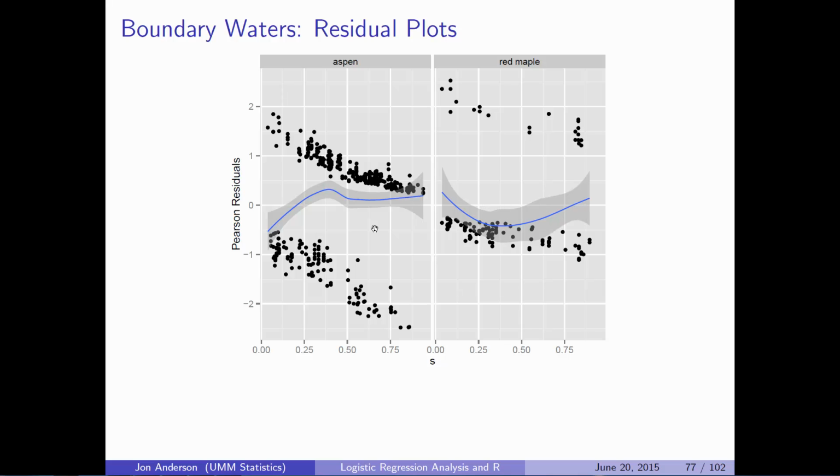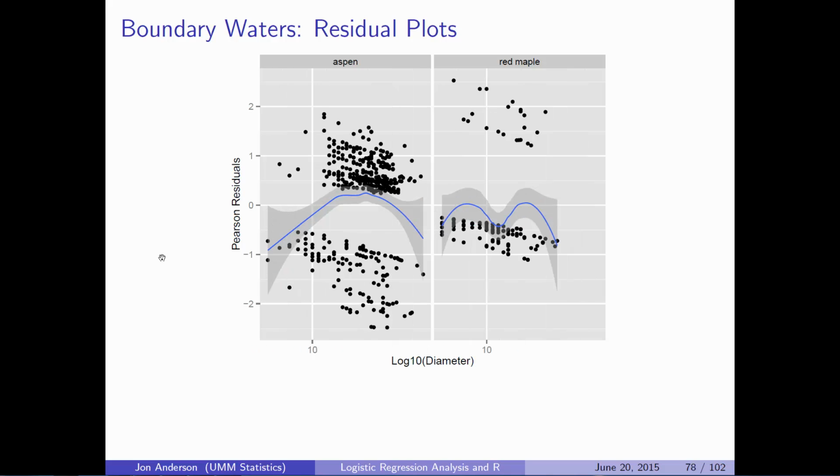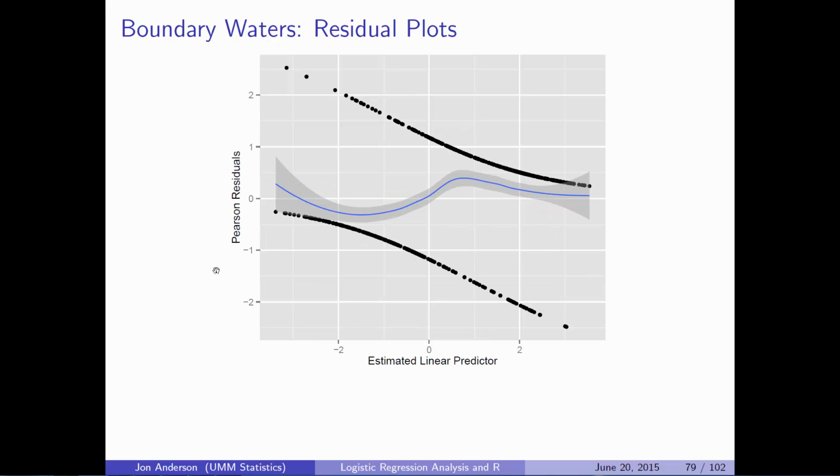We drift below 0. Residuals should try to hang around 0. Here's species with respect to diameter. You can see that for small diameters, aspens have funny behavior. And so maybe our model is not really fitting the diameter relationship quite as well according to species.